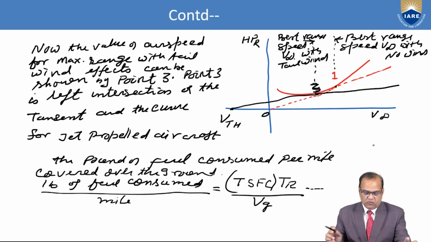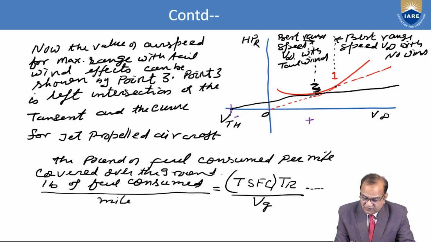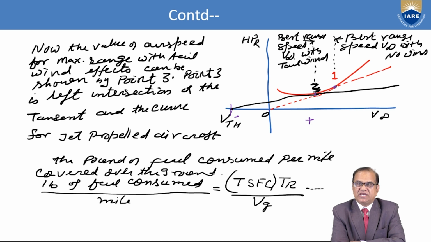Okay, we'll see here, if it is the tailwind, what will happen? It is 0 and this is the minus and this is the plus. So tailwind is counted from here. Now it will start very near before the 1. So now the value of airspeed for maximum range with tailwind effects can be shown by point 3 here.